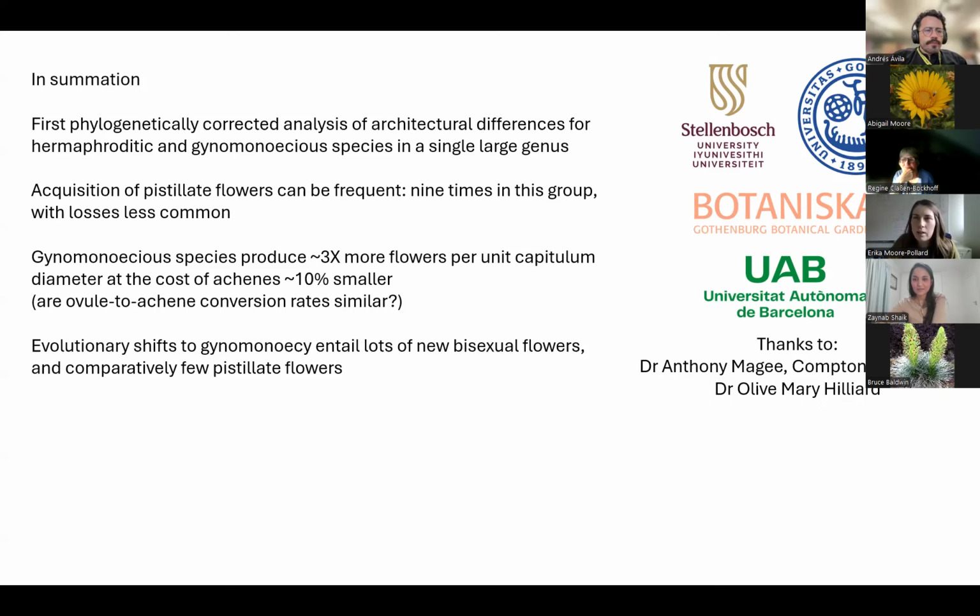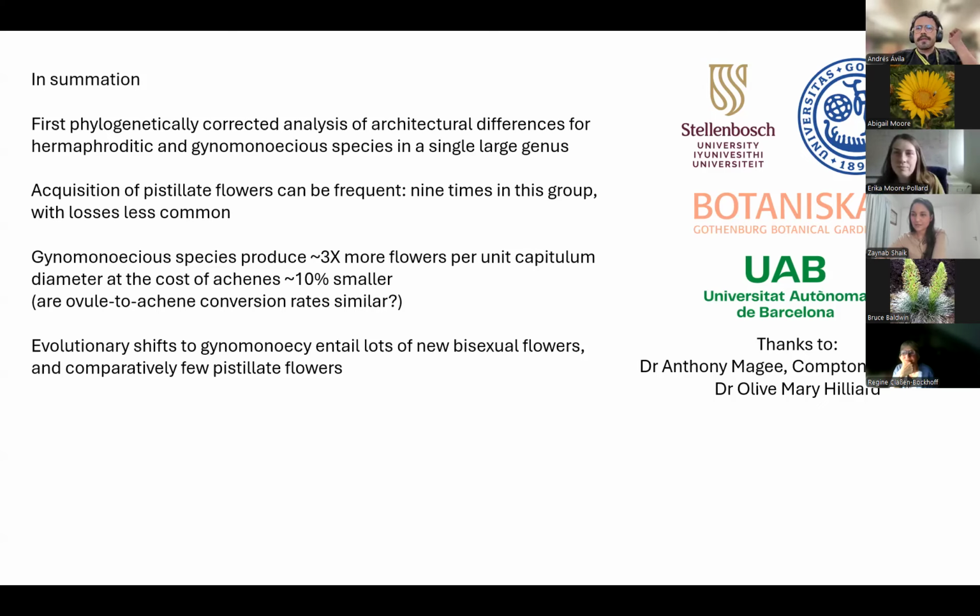Andreas, if you want to ask your question. Yeah. Thank you, Zaynab, for your talk. It was interesting. I was curious. I don't know anything about this group, but I saw that it's very diverse, and I was wondering, since you're still working on that, if you're able to polarize the shape of the receptacle on the species.